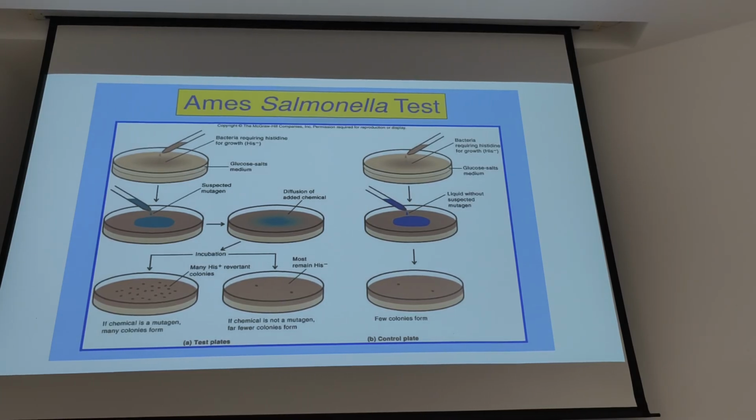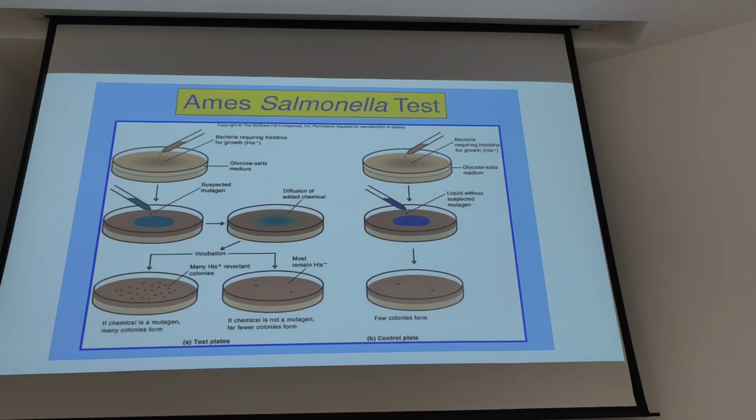Then we will know that the chemical Z itself is a what? Is a genotoxicant, right? Because it can reverse the bacteria from sensitive to non-sensitive. And we can further understand that the S9 incubation, after the chemical Z being metabolized, the number increase.